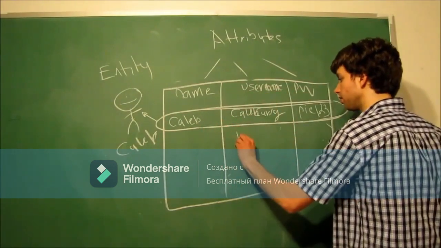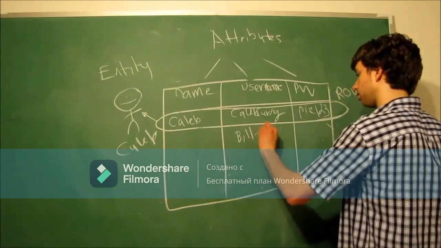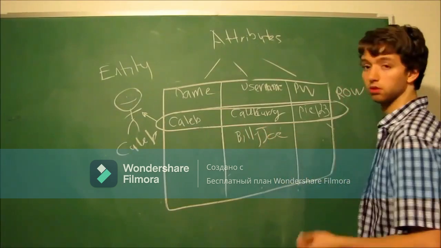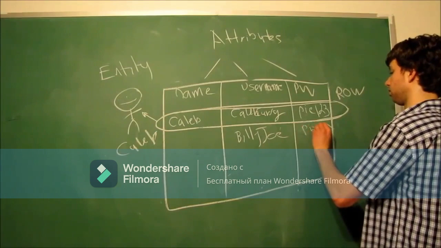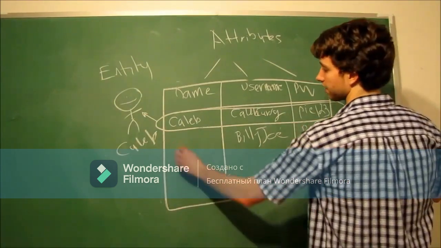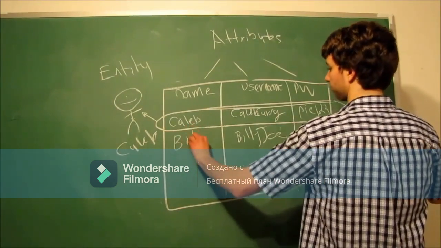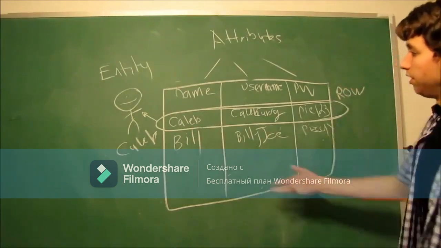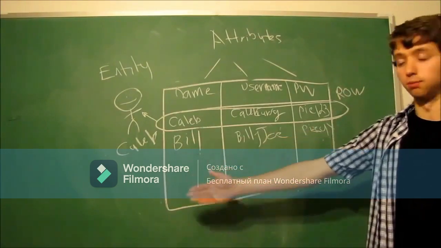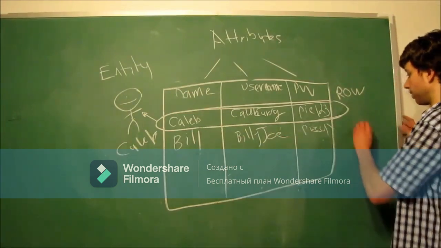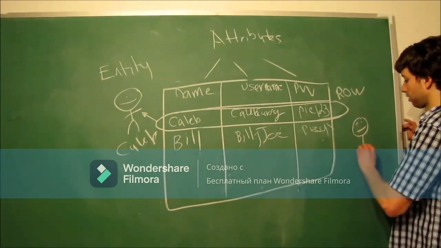We could have another person, Billy Joe, and his password can be pizza with a U, and his name can be Bill. This is another person in our table. So this row is talking about a different person. We have this person over here.